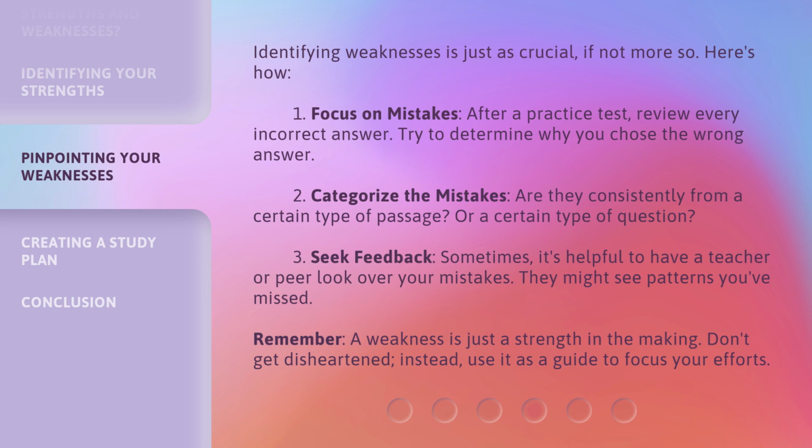Or a certain type of question? 3. Seek feedback. Sometimes, it's helpful to have a teacher or peer look over your mistakes. They might see patterns you've missed. Remember, a weakness is just a strength in the making. Don't get disheartened. Instead, use it as a guide to focus your efforts.